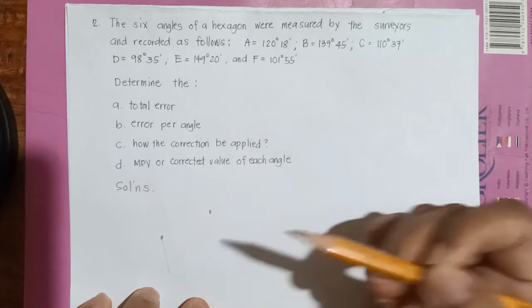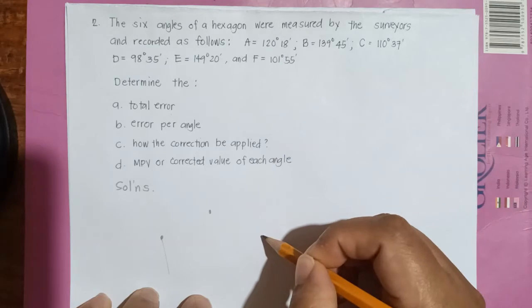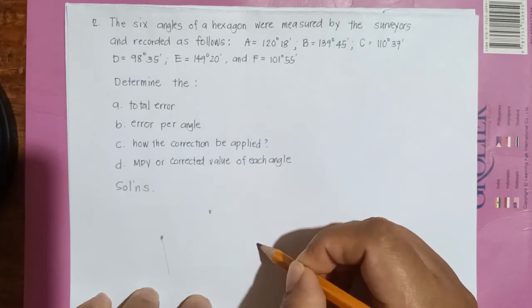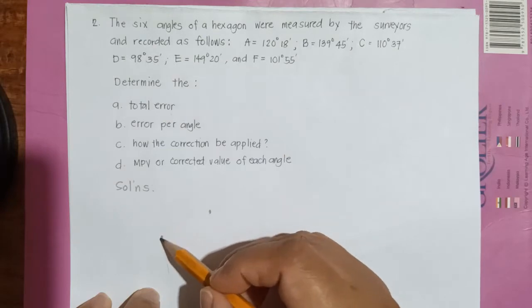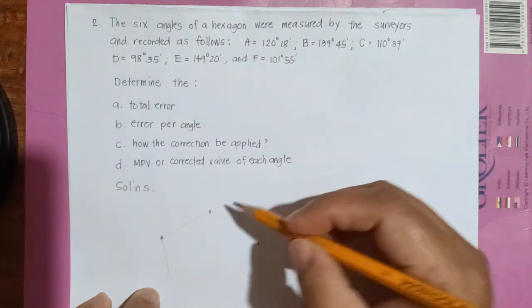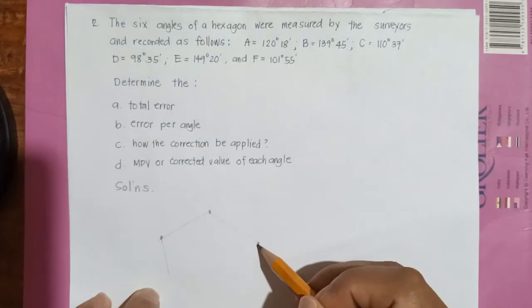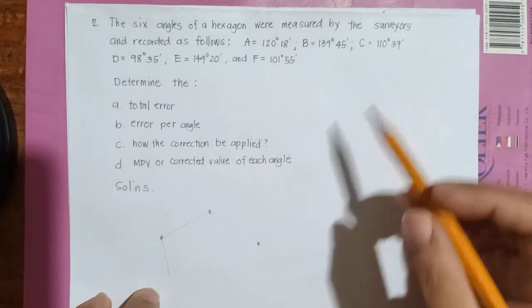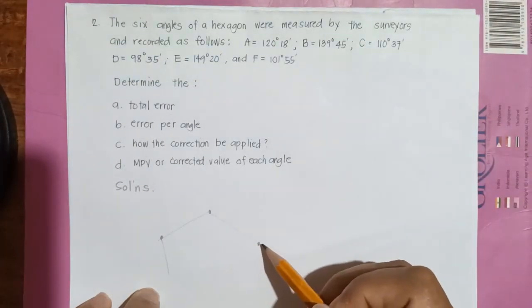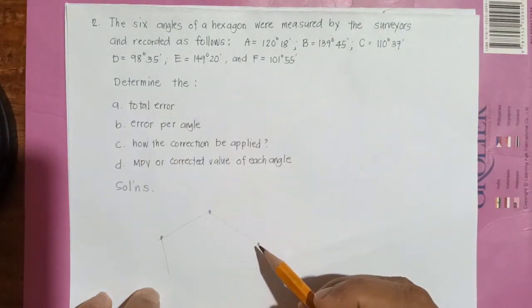obtuse angle. And you have, might be C is here, and you have A, that one, and maybe C is here. D is, so this is C. C is 110 degrees, so it's a bit bigger than B. Anyway, this is just an illustration.